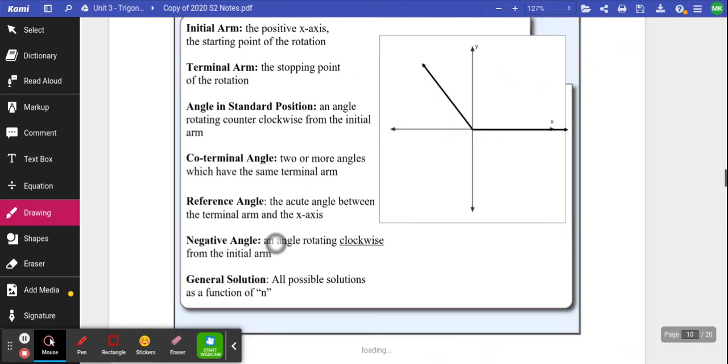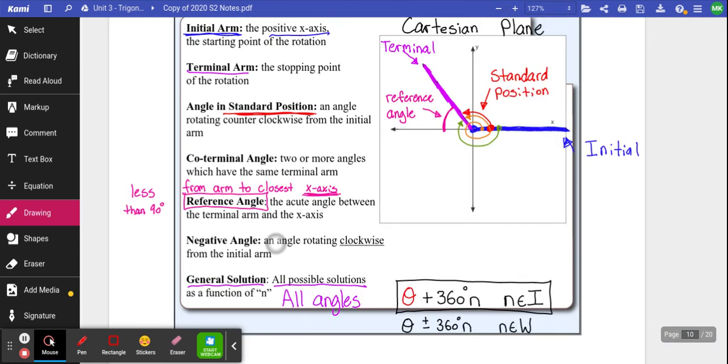No, sorry, because your standard position could get you to quadrant 4, right? Your standard position is always from here all the way around. So if I did my standard position here, this would have a reference angle of 90, but a standard position of 270, because it's from here all the way around.